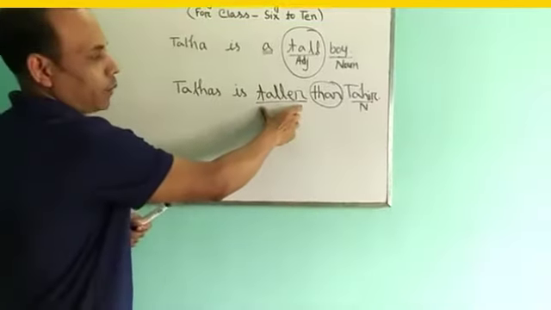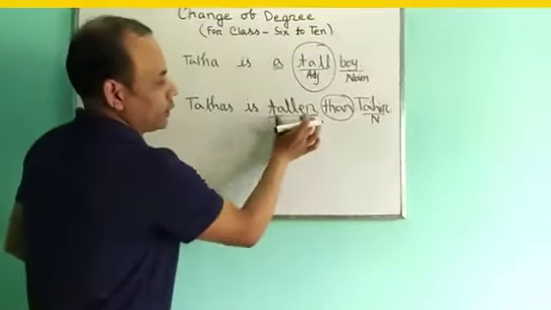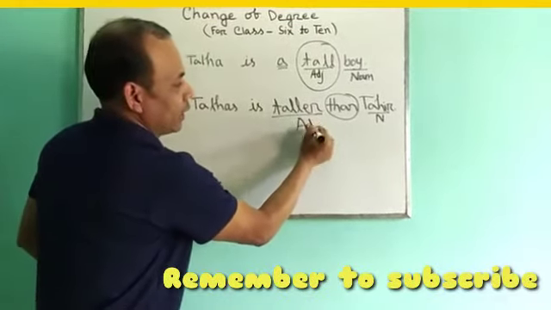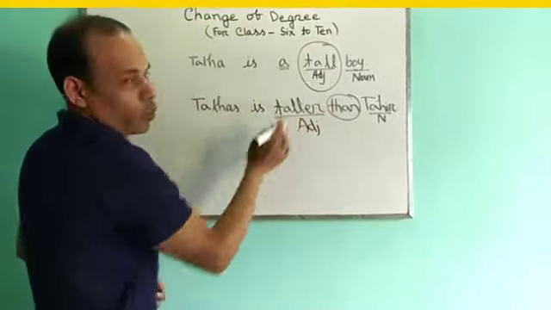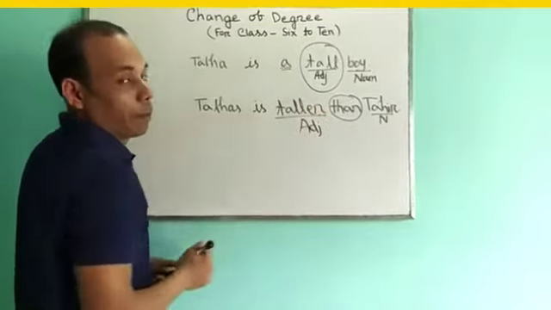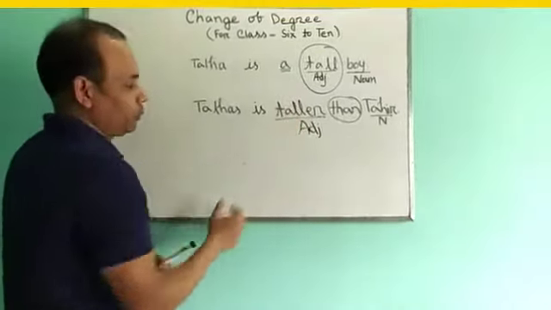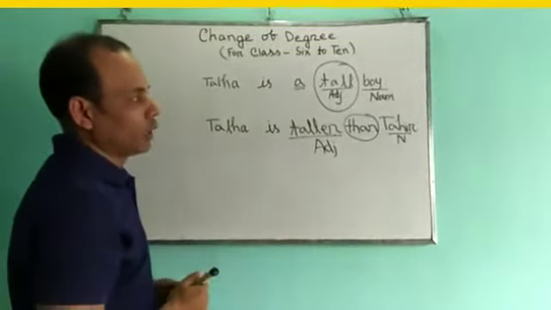To make the sentence comparative, we use "than". But this is the adjective. It derives from tall. We have added a suffix after the base word tall. So, Talha is taller than Tahir. Talha is a tall boy.